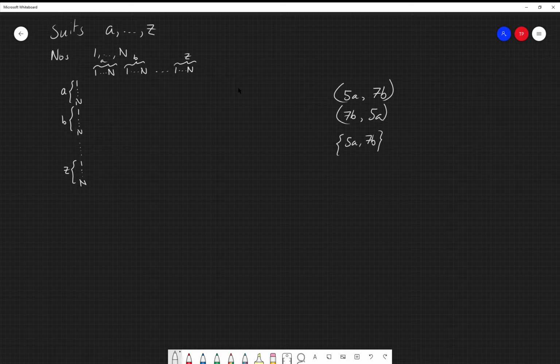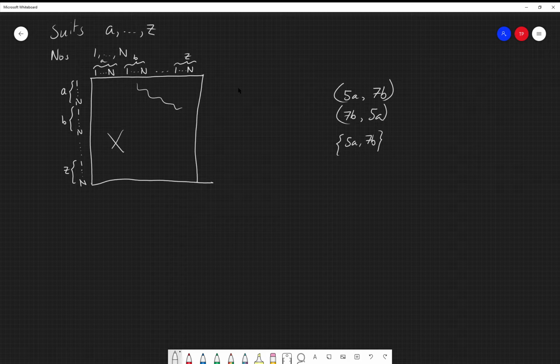So if we try to break this up into a grid, this will be effectively our matrix of the possible hands. And when I say we consider the upper diagonal, that means that we'll only consider cards in this part of the matrix, but not down here.